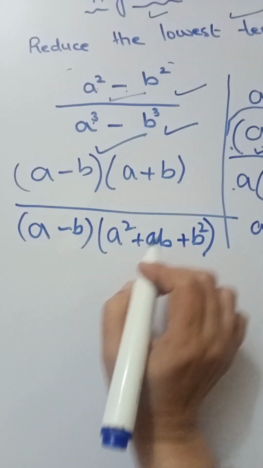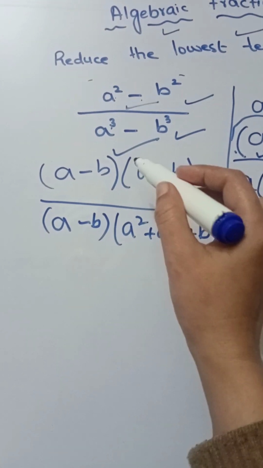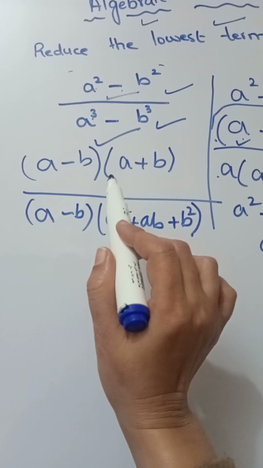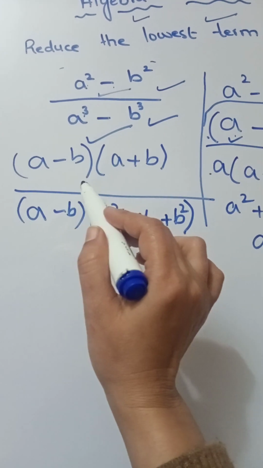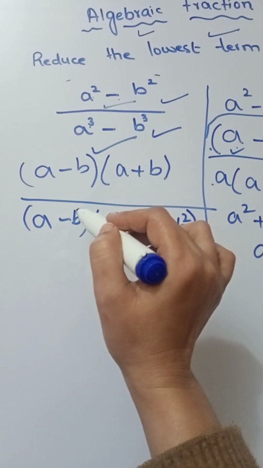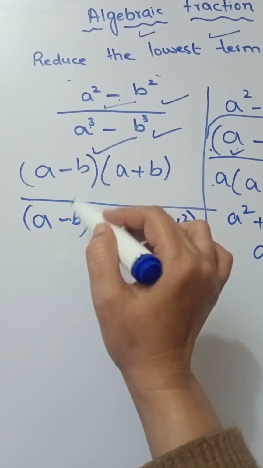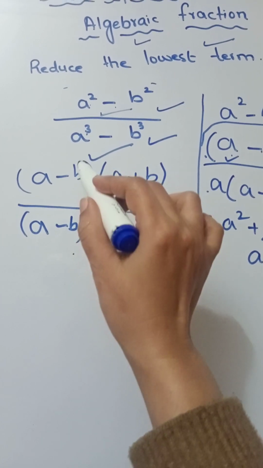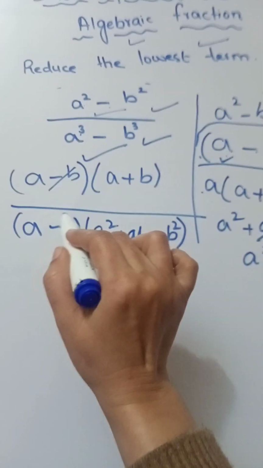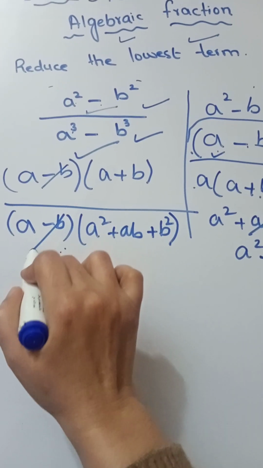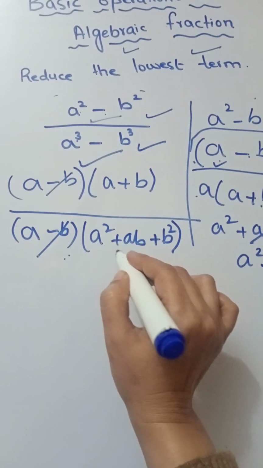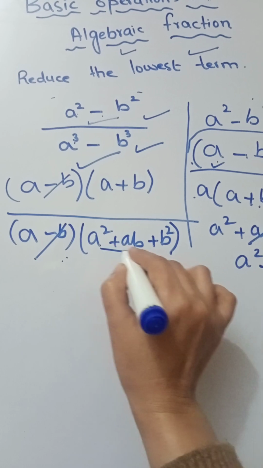Okay, now first of all we look at these terms. Equal terms in the numerator and denominator can be cancelled, the same bracket with the same bracket. The numerator can be divided by the denominator. These two terms can be divided, whereas the others are not possible because plus does not break.